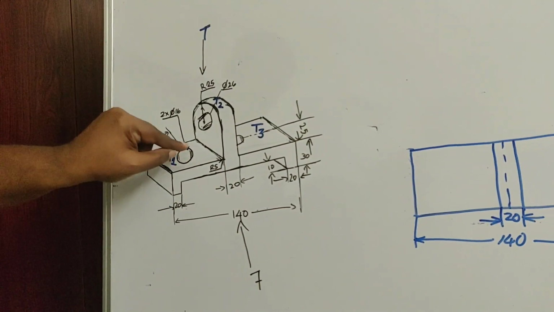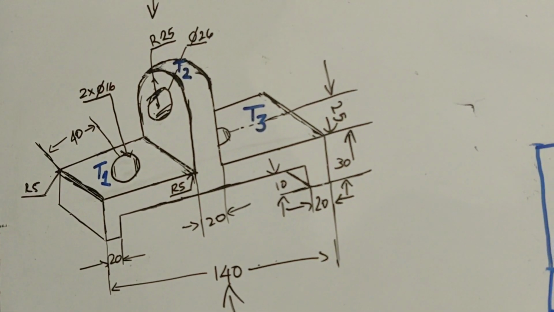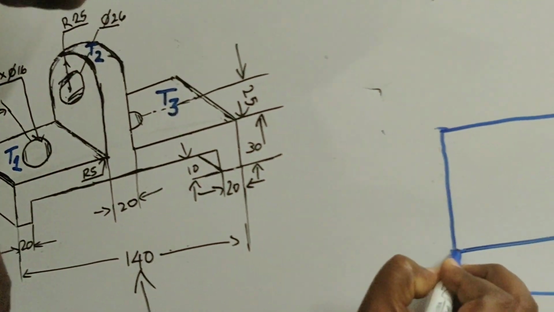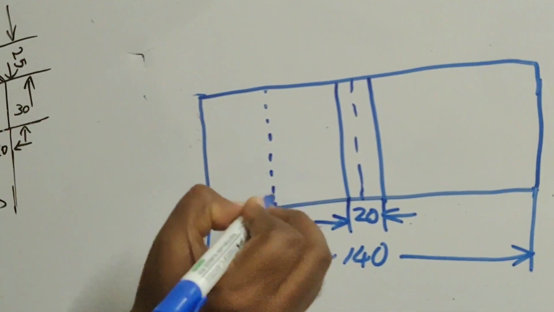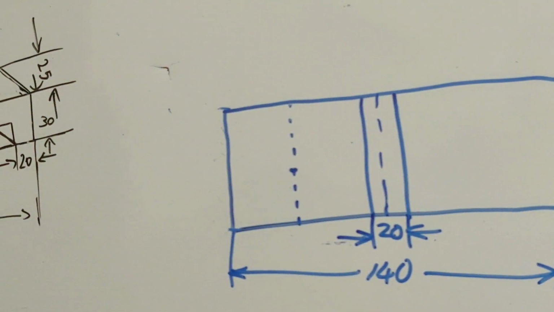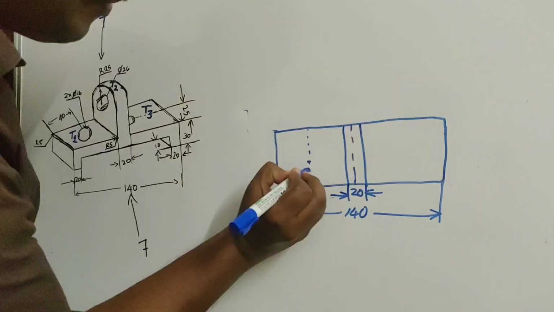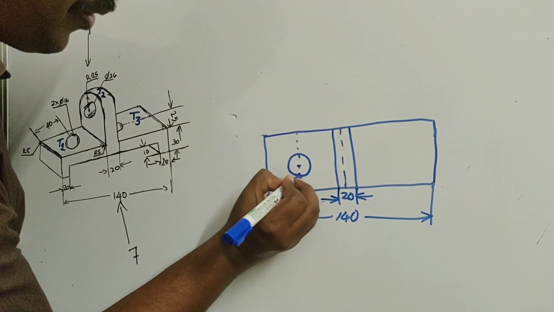So this is the first one, that is of 16. So you have to measure 40 from this side. From here you are measuring 40. You are finding the midpoint. Using that you are having 16 as diameter, you are drawing a circle.